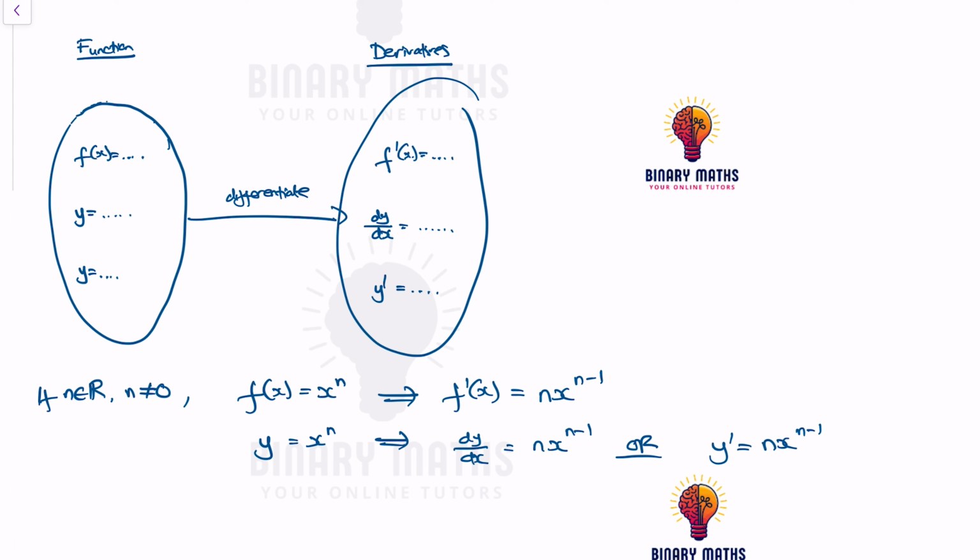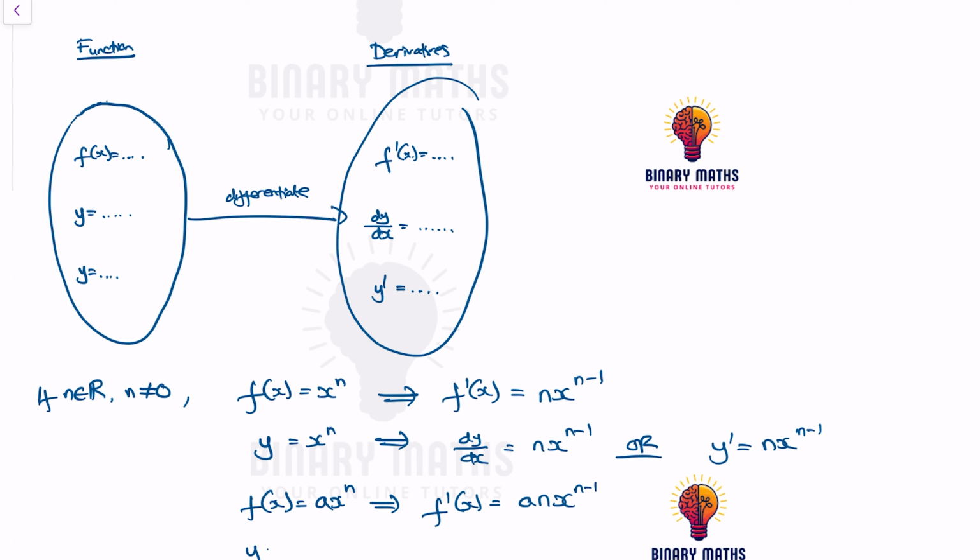And if f of x is equal to ax to the power of n, then because we have a multiple of a, f dash of x will be a lots of nx to the power of n minus 1.